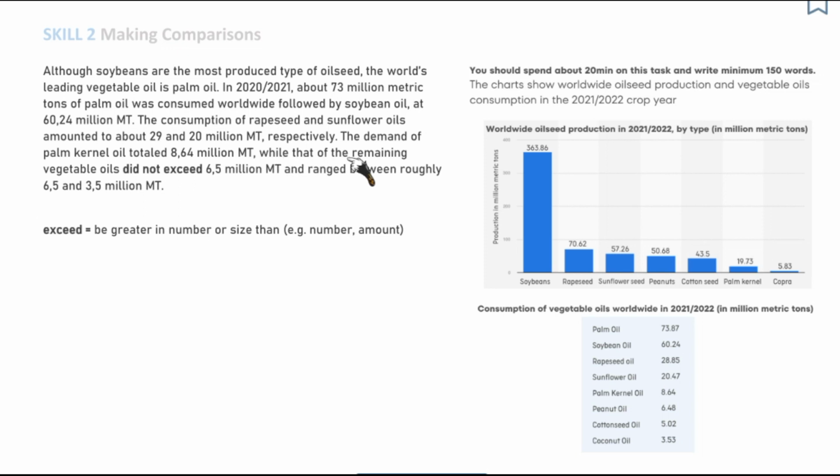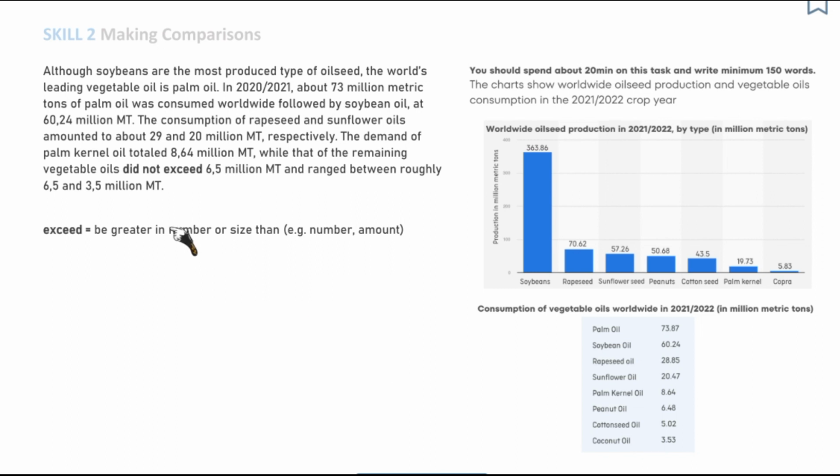The second part of the sentence is about the remaining vegetable oils, right? While that of the remaining vegetable oils did not exceed. So the remaining vegetable oils are these three types of oils: peanut oil, cottonseed oil, and coconut oil.